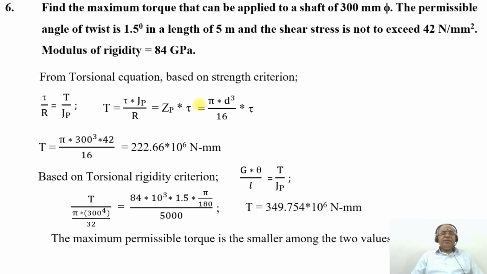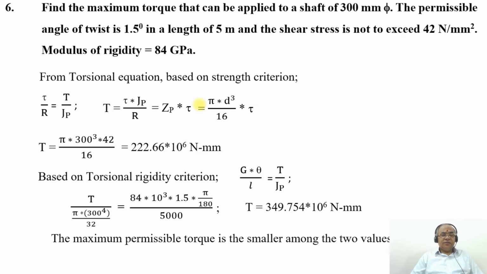Therefore, based on the strength criterion, we got the torque as 222.66 into 10 to the power of 6 Newton mm, and based on the rigidity criterion, the torque is 349.754 into 10 to the power of 6 Newton mm. By comparing these two, we can see that the torque based on the strength criterion has the lesser value. So we need to take the lesser value of torque.